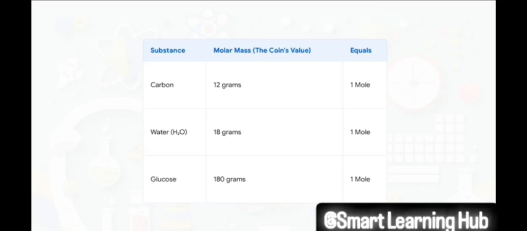But for 1 mole of water molecules, it's 18 grams. And for something like glucose, which is a much heavier molecule, it's 180 grams. The number of particles in each of those piles is exactly the same, that magic Avogadro's number. But because each coin has a different weight, the total mass is different. And this special mass for 1 mole, we call that its molar mass.